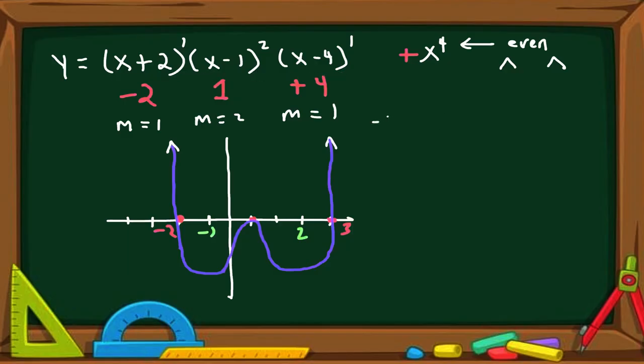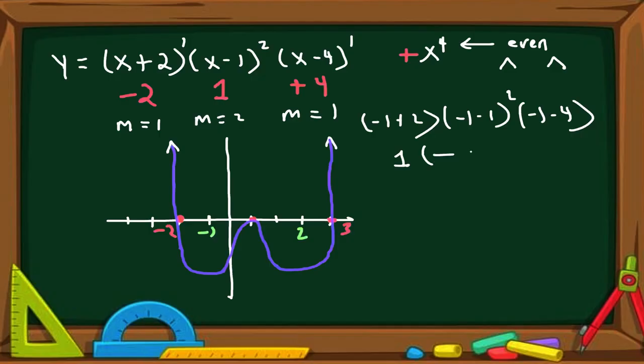So we're going to have -1 plus 2, and then -1 minus 1 squared, and then -1 minus 4. -1 plus 2 is 1, -1 minus 1 is -2, and -1 minus 4 is -5. -2 squared is +4. 4 times -5 is -20. So that's the y value for that point.